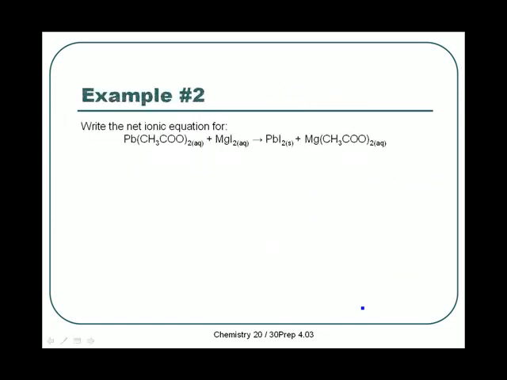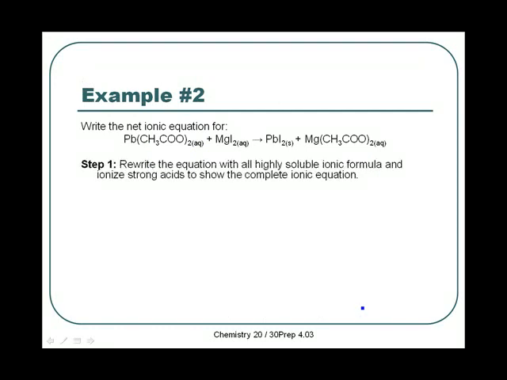So we'll do another example. Here we have lead acetate and magnesium iodide reacting with lead iodide and magnesium acetate as products. So same thing, we are going to rewrite our equation with all things that are highly soluble as ions. So we'll start, and so the lead acetate is ions, so we write Pb2+, and it's aqueous, so we write the state down as well.